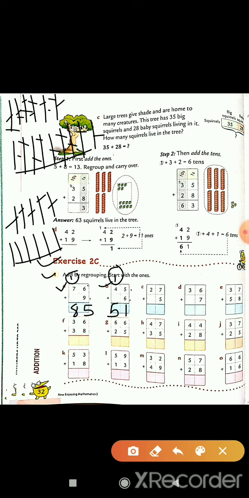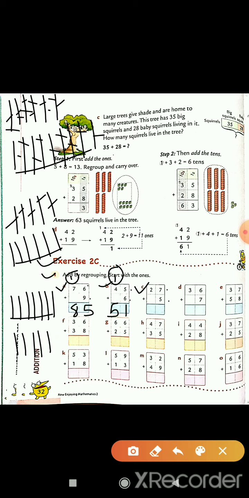Got it, students? C. 27 plus 5. At the place of ones, 7 and 5 are there. So add them. 1, 2, 3, 4, 5, 6, 7. 1, 2, 3, 4, 5. Which is the bigger number? 7. After 7, count forward.